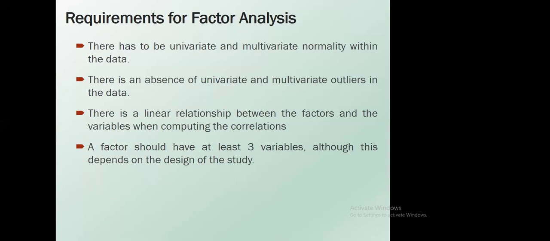Some of you must be having height as 6'2", 6'3". So these types of observations are called outliers, because there are very few people who will be having height above 6 feet, right? Or 4'5", 4'6" on the lower side. These types of observations are called outliers.